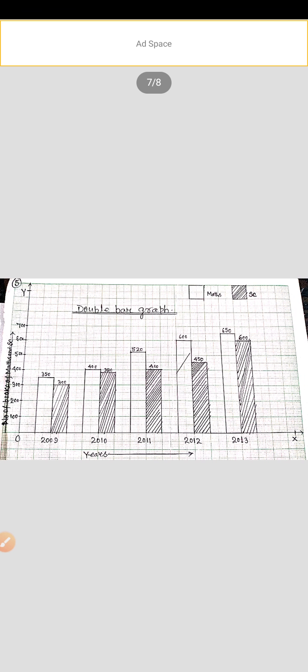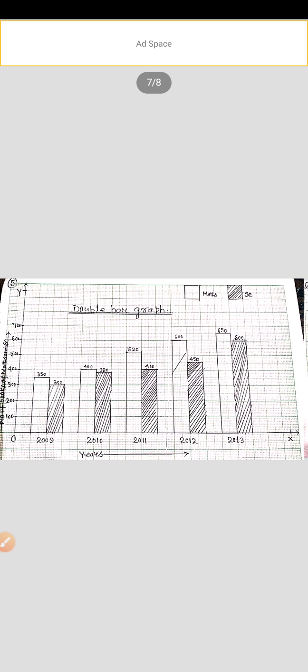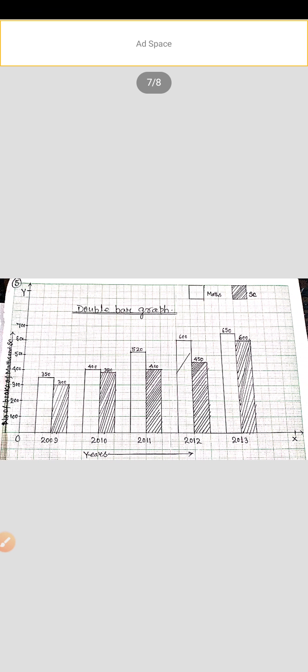So here 380 is 300 plus 4 small squares of 20 each, that is 380. Similarly, draw the bars for 2011, 2012 and 2013. So question number 5 is represented by the double bar graph.